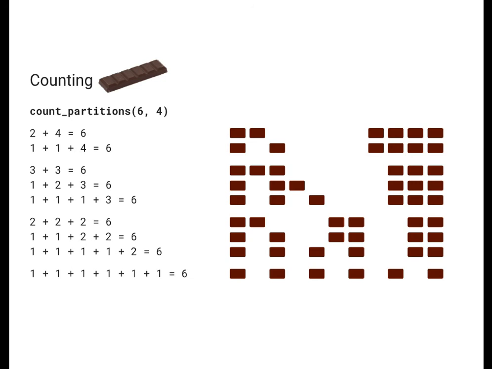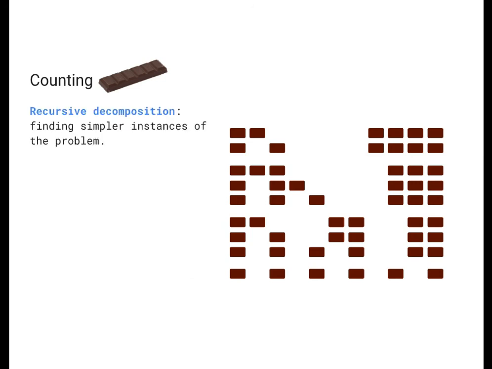And then my remaining problem is just figuring out how to give out 3 pieces of chocolate to however many people I have, and so forth. And so to really visualize that, we have a couple rules. This process is called recursive decomposition, when we try to find these smaller instances of the problem. So this takes some inspection. It's not always easy to find, and especially with the problems that we try to give you, they tend to be kind of hard to find, like where the patterns are. How do I come up with a solution like this?